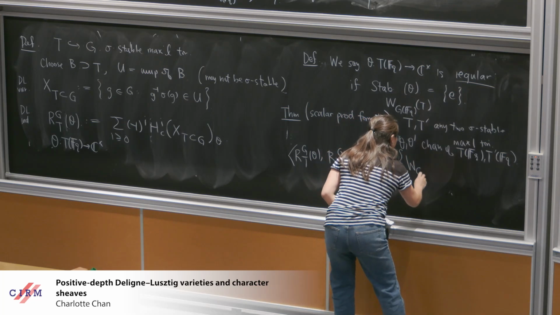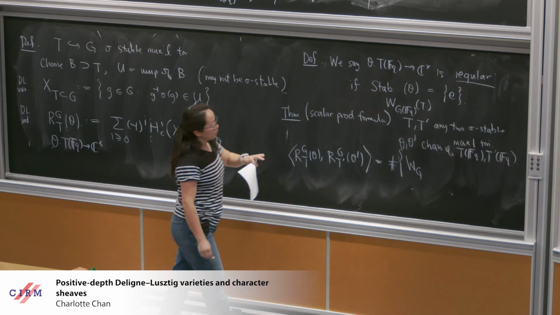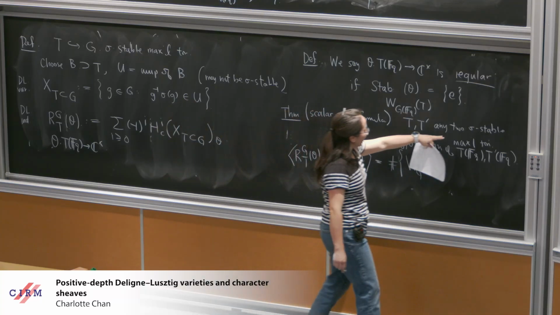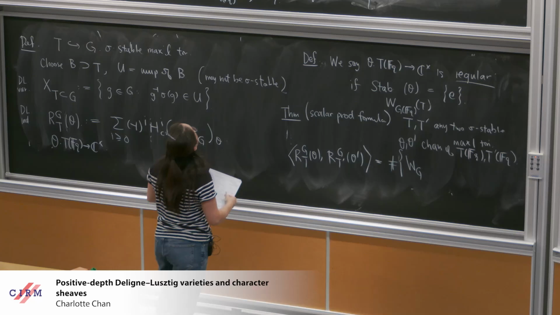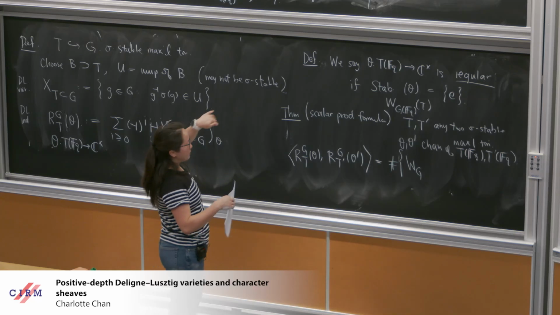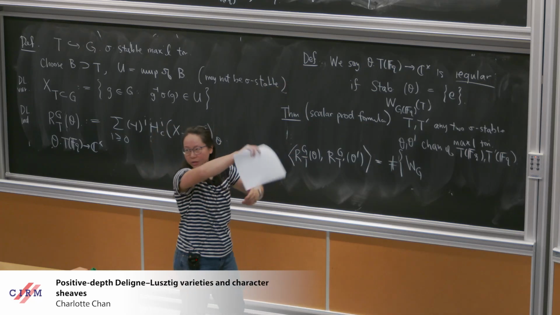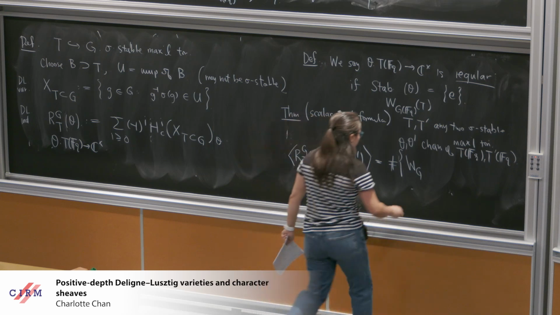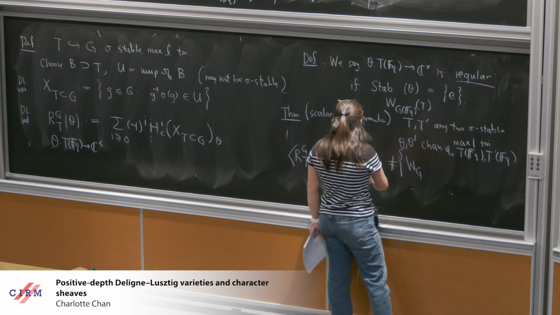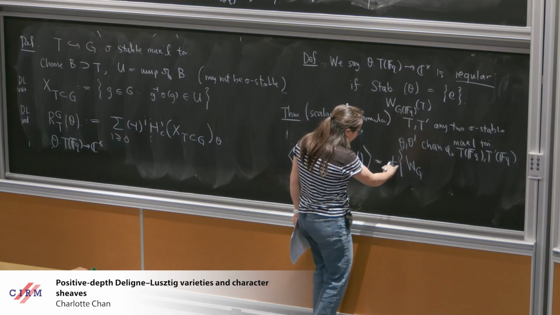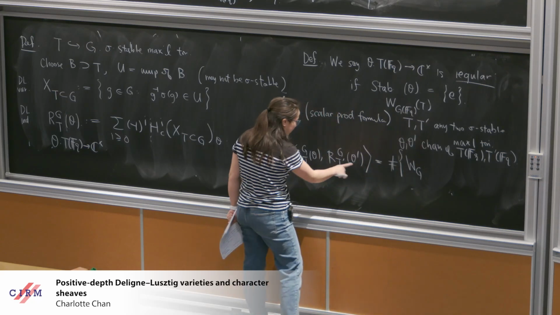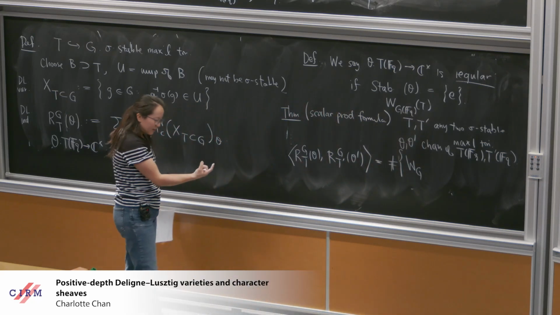Now, I didn't do it this way, but there is a way to put both T and T prime in the same sentence. I would just change the embedding from A, B goes to the diagonals, to something a little bit twisted. And so this T and T prime really might not be the same, and so I won't be able to get from theta to theta prime just by the Weil group.